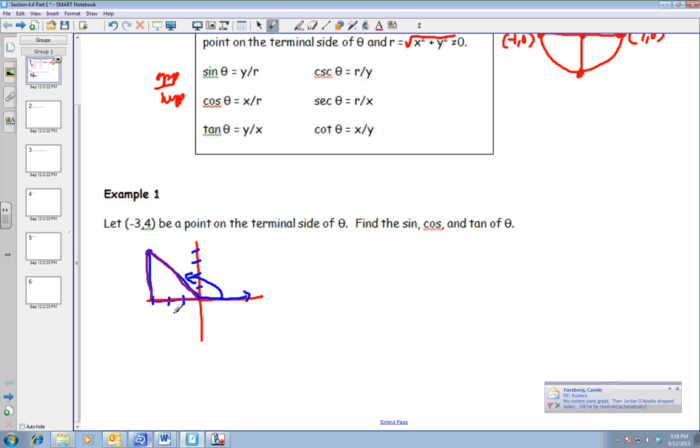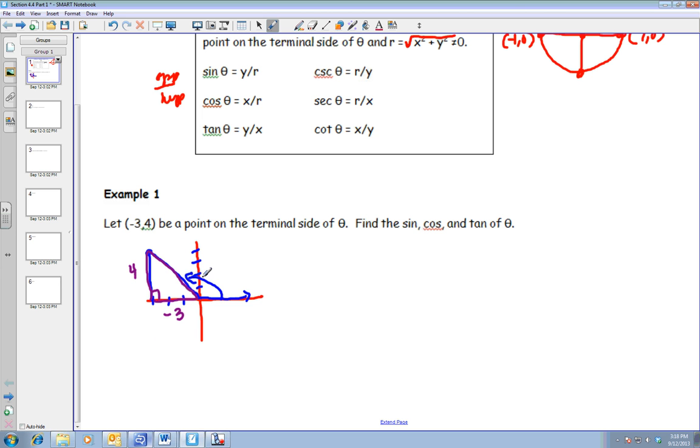All right, so if this is my right triangle and I use the point -3, 4, we have to label our sides. So my x value, I had to go to the left -3, so this side is -3. I had to go up 4, so that side is 4. And now I can use Pythagorean theorem to find this third side.